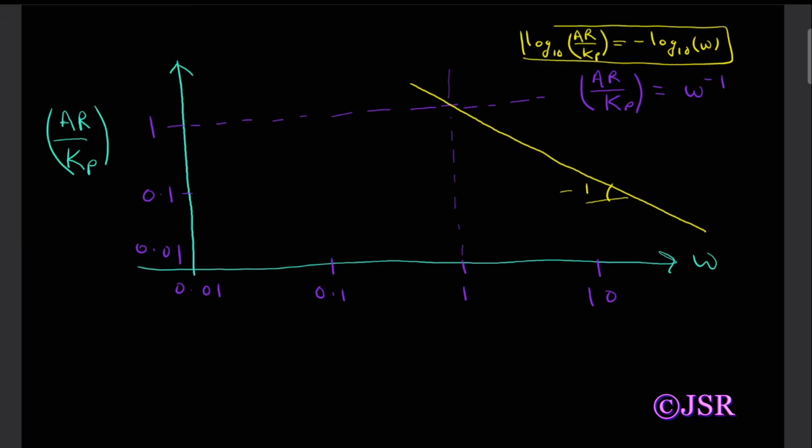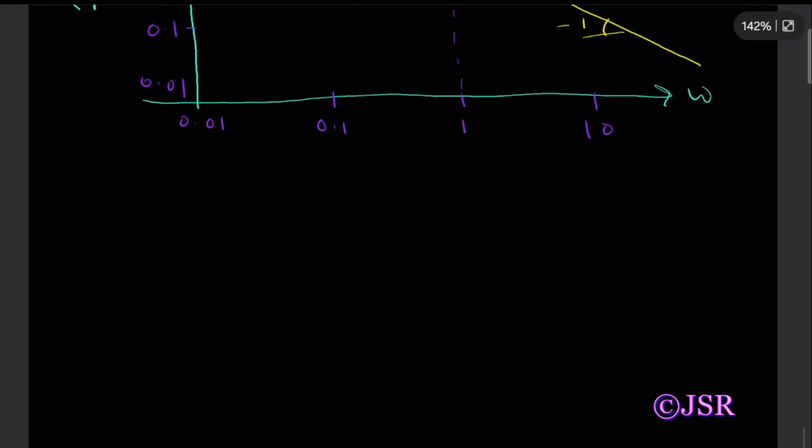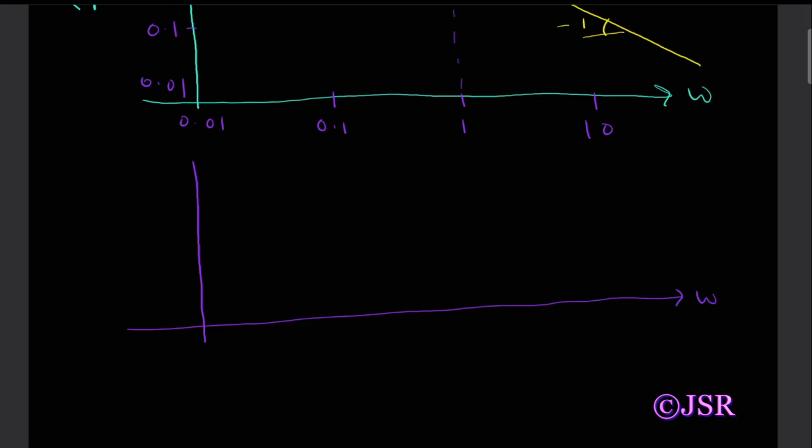Similarly, the phase plot will be like this. This will be omega, and here we will have phi.